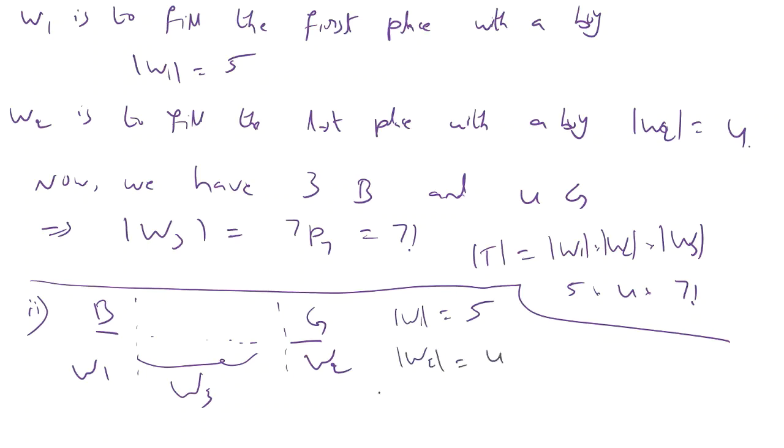And the number of ways of doing W3 is equal to 7P7, because after filling the first place with a boy we have 4 boys, and after filling the last place with a girl we have 3 girls. So on the whole we have 7 people. So in how many ways can we arrange these 7 people in these 7 blanks? It is 7P7, which is 7 factorial. Therefore the total number of ways of completing the task is equal to 5 times 4 times 7 factorial.